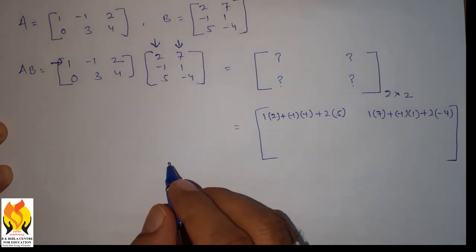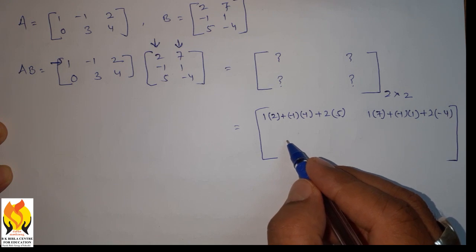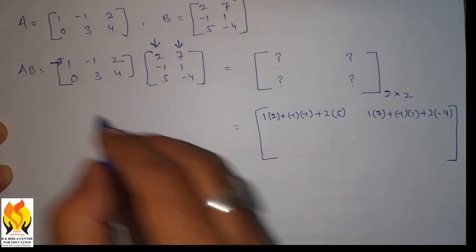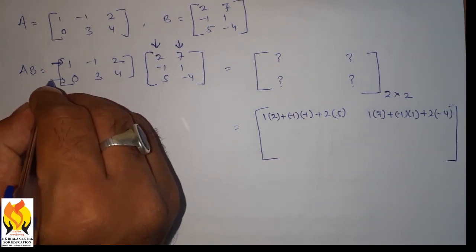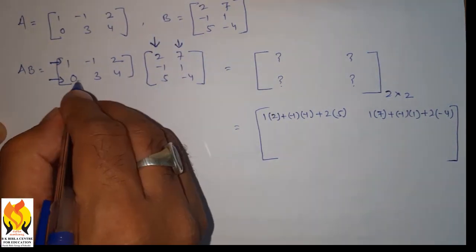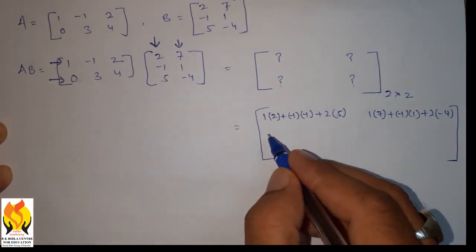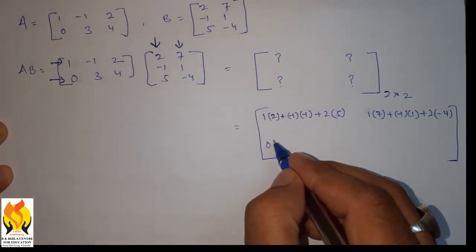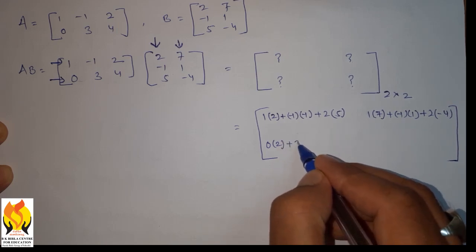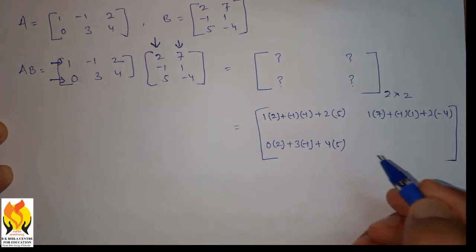Now, we need the element over here, that is A21. How will we get A21? When R2 is multiplied with C1. R2 multiplied with C1, so we have 0 into 2 plus 3 into minus 1 plus 4 into 5.